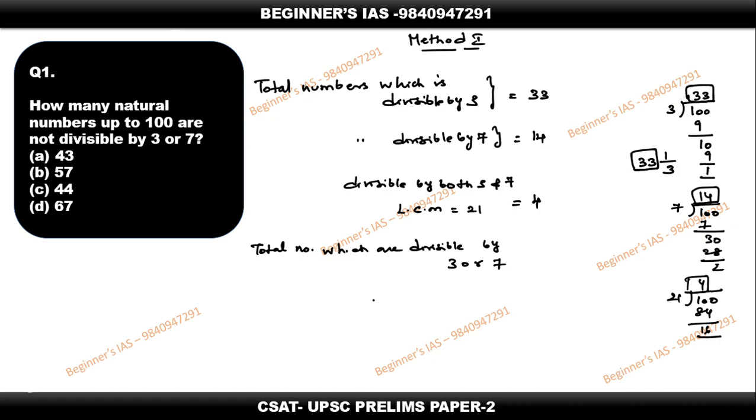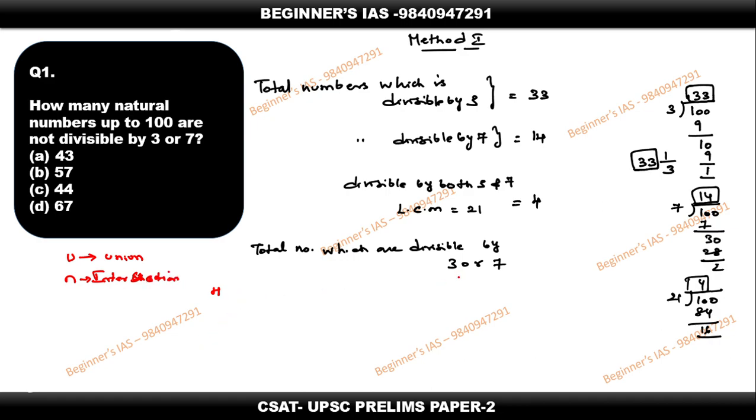How to identify? We can go back to the probability concept, or else the Venn diagram concept. Remember, or means you have to use the union symbol. Both means you have to use the intersection symbol. So be careful with this intersection.